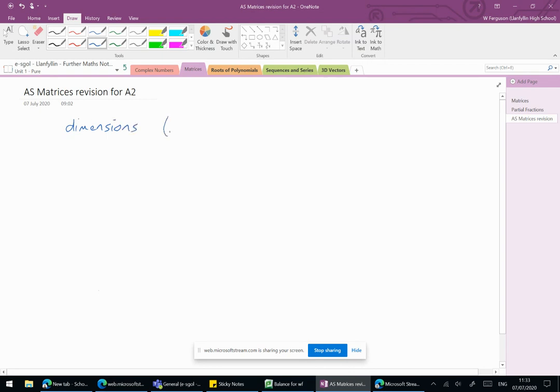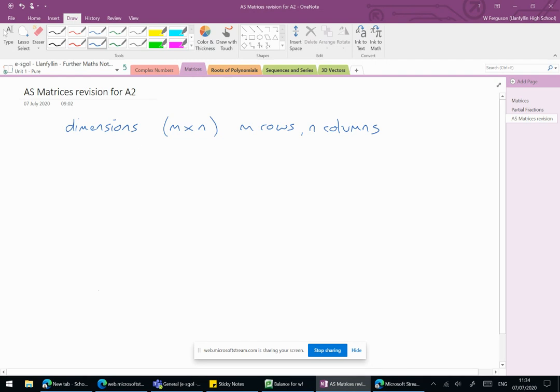So if I talk about an m by n matrix, what I mean is that the matrix has m rows and n columns, and it's always that way around. The first of the two numbers is always going to be the number of rows, and the second of the two numbers is going to be the number of columns, and that's a convention that everybody follows.